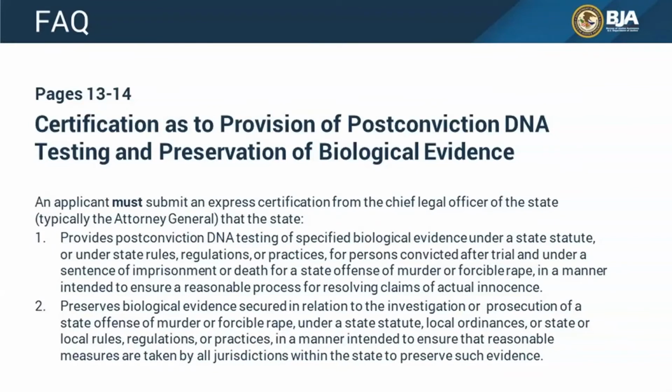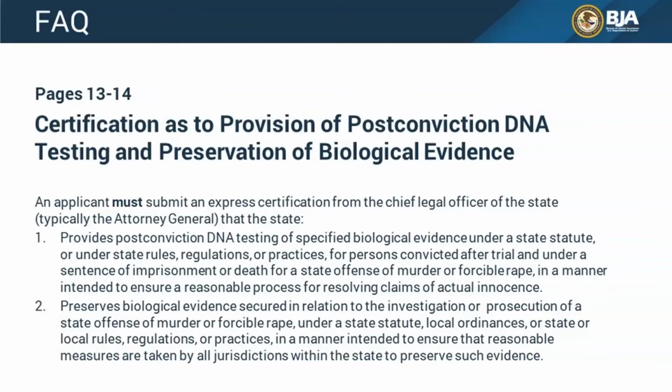An applicant must submit an express certification from the chief legal officer of the state, typically the Attorney General, that the state, 1, provides post-conviction DNA testing of specified biological evidence under a state statute or under state rules, regulations, or processes for persons convicted after trial and under a sentence of imprisonment or death for a state offense of murder or forcible rape in a manner intended to ensure a reasonable process for resolving claims of actual innocence.